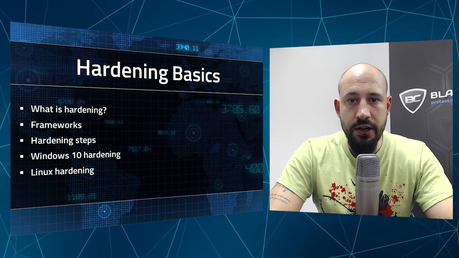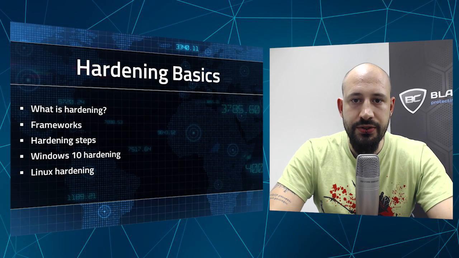We will talk about hardening. Basically, hardening is a process when you're trying to make your operating systems, infrastructure, hardware, applications and user management more secure. This video is separated into 3 parts.